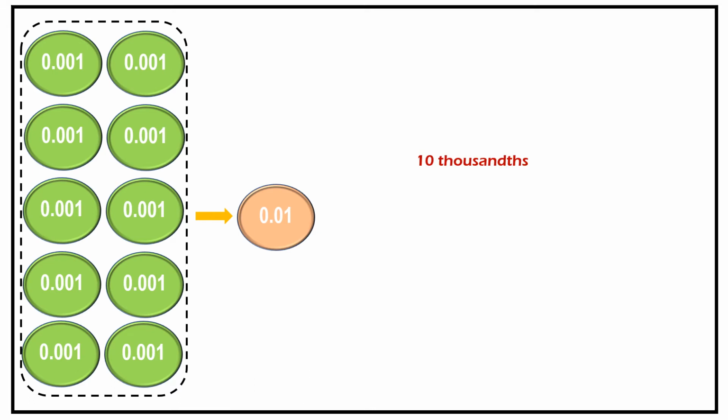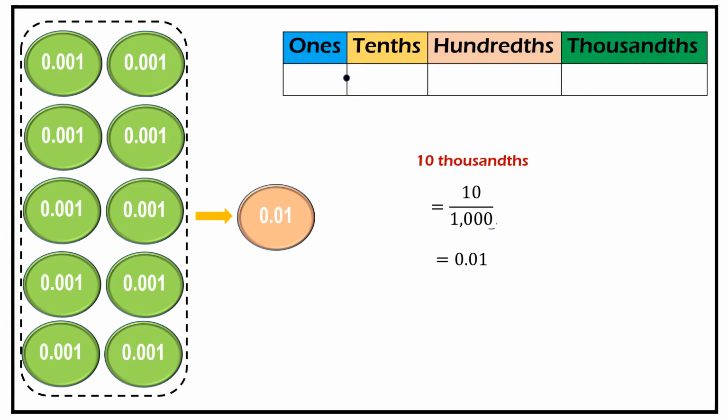Now 10 thousandths actually means 10 out of 1,000, and 10 out of 1,000 is the same as 0.01, or it is the same as 1/100th.